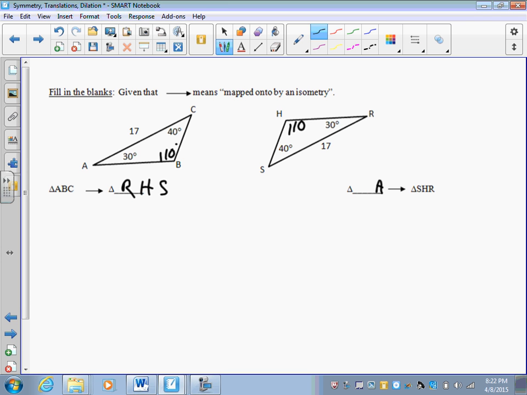S corresponds to C, so C has to be first, and B is corresponding to H, so B has to be in the middle. So how we read this is triangle CBA maps onto triangle SHR.